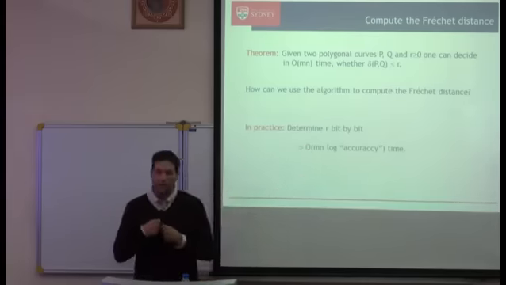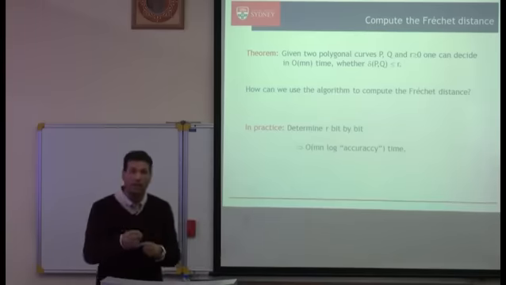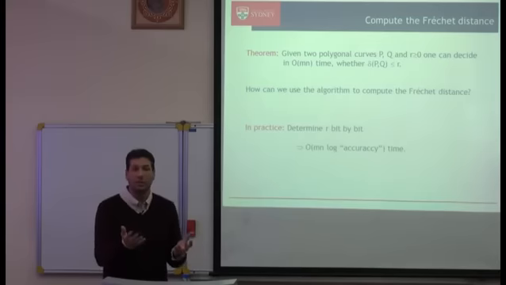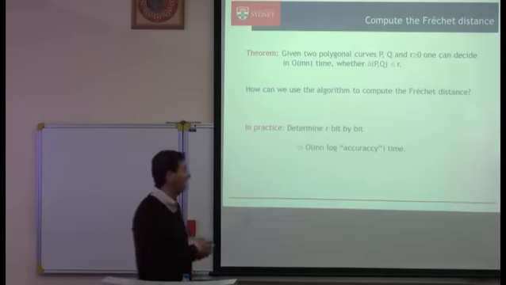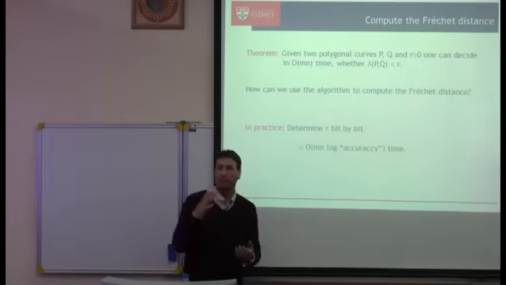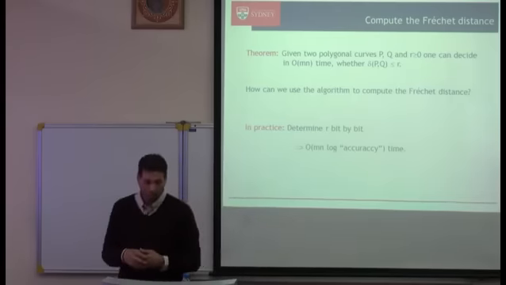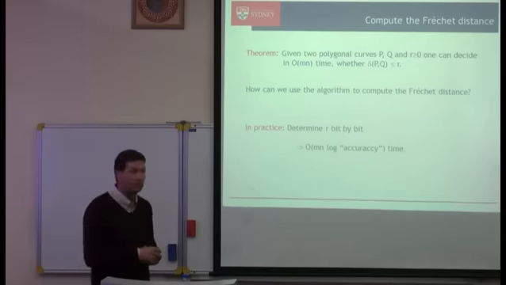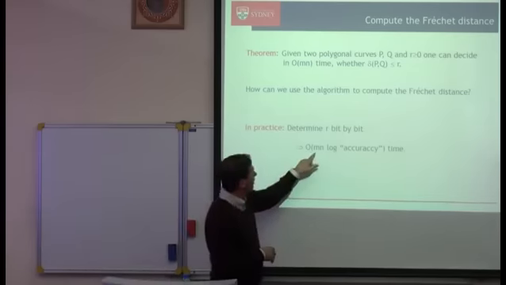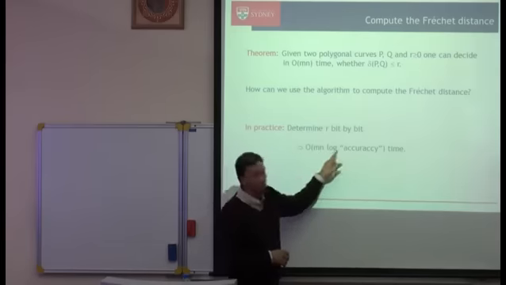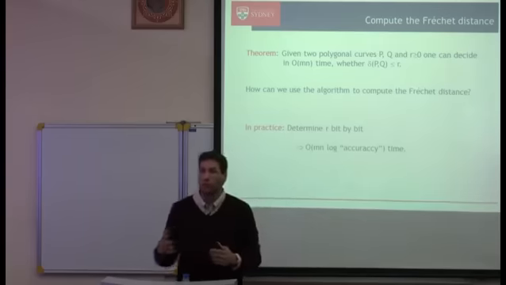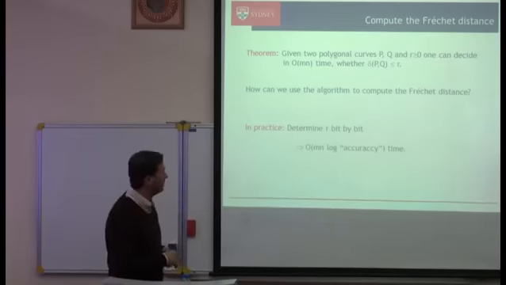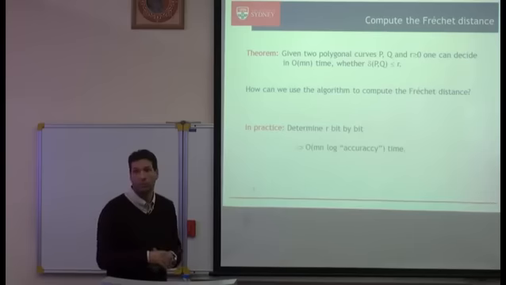So I guess a value, then I run the decision algorithm. The decision algorithm says if it's smaller or bigger. And if it's bigger, well, then I just try a 1. And if smaller, I just try 0. So then the decision algorithm takes m times n time, and I have to do binary search on the log of the accuracy. So this is usually how it's done in practice.